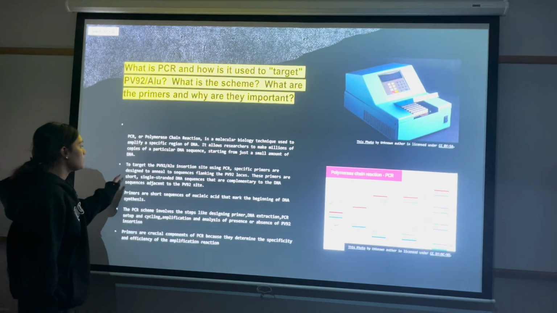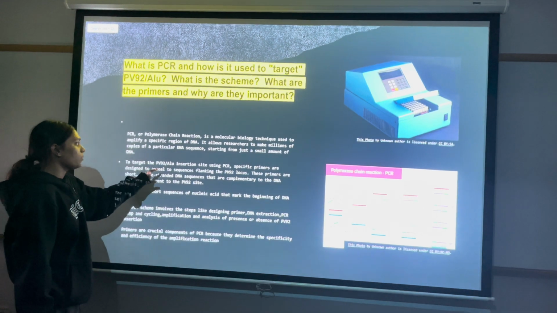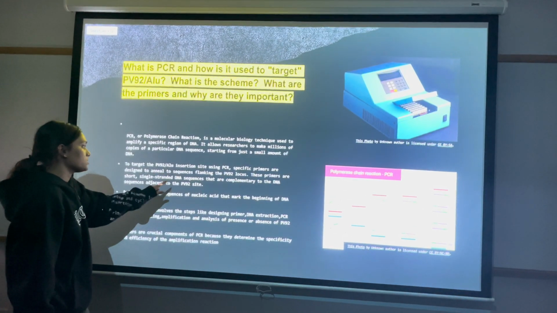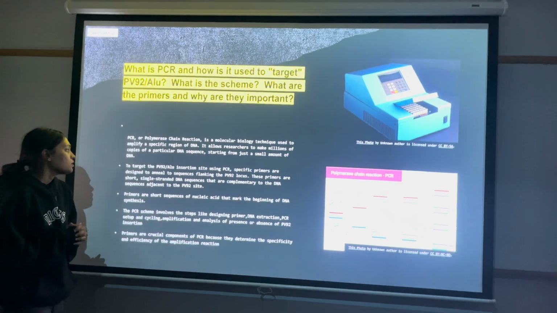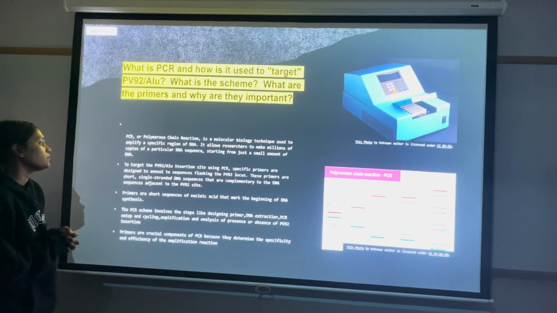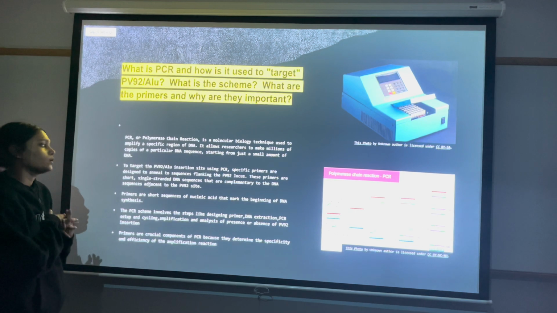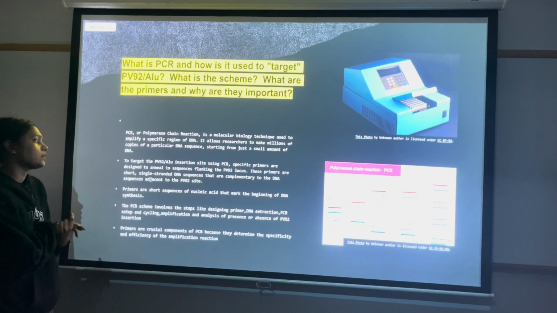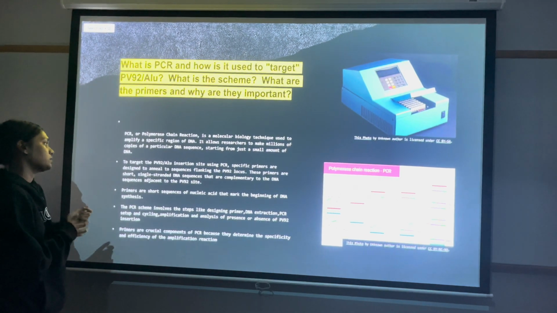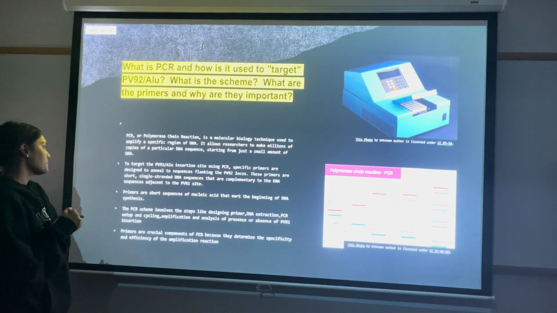To target the PV92 allele or ALU insertion site using PCR, specific primers are designed to anneal to sequences flanking the PV92 locus. These primers are short, single-stranded DNA sequences that are complementary to the DNA sequences adjacent to the PV92 site.